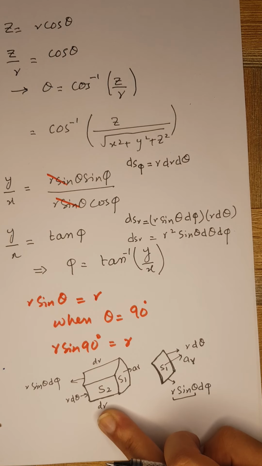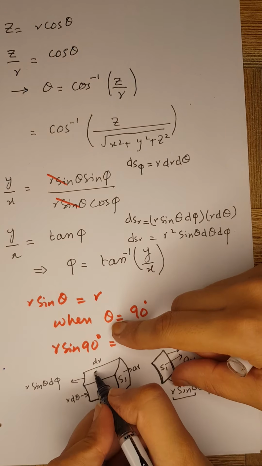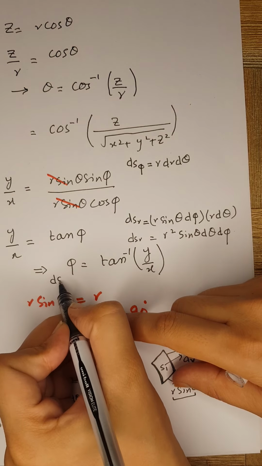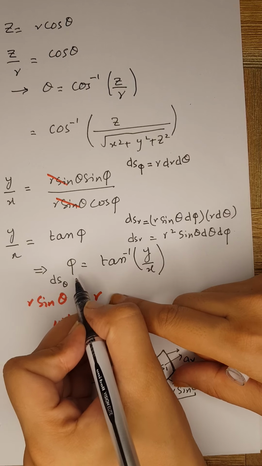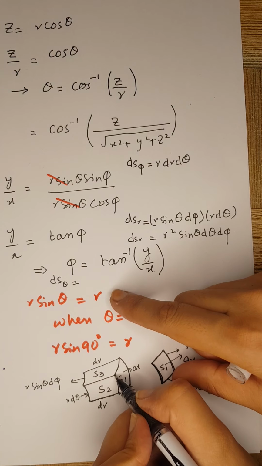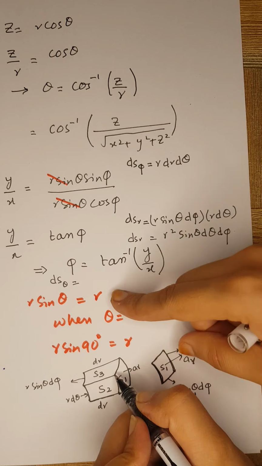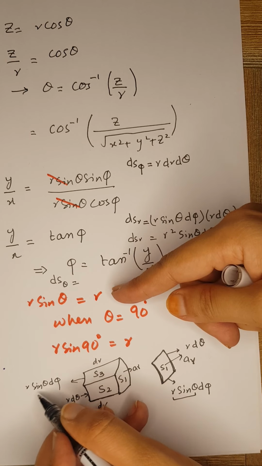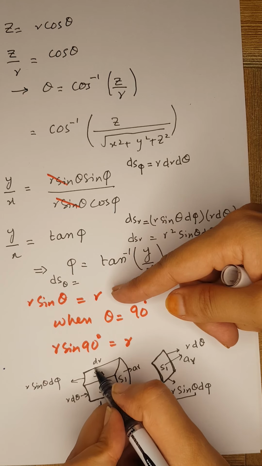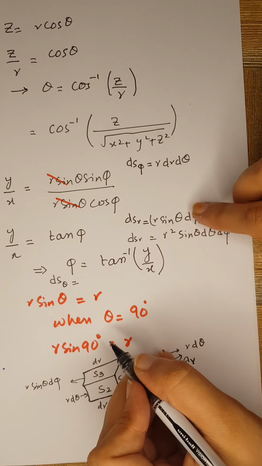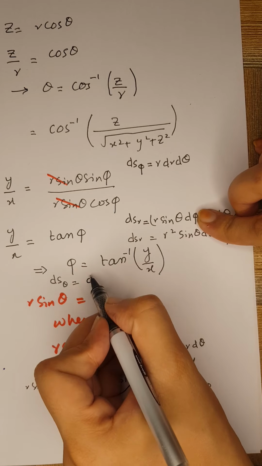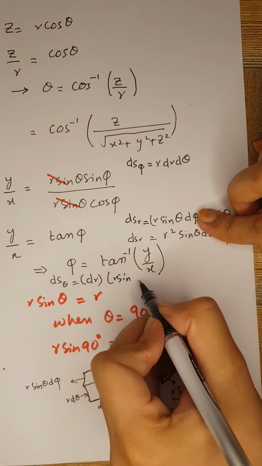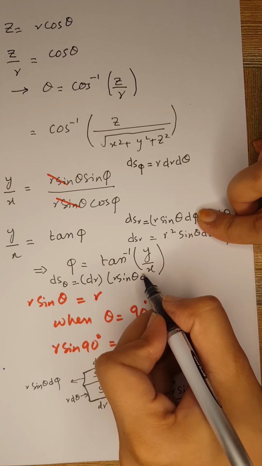And now the last surface that is left, let's mark it by S3. The area of this surface, pointing in the direction of theta, is equal to the product of the length of this arc, which is r sine theta d phi, and dr. So dr is multiplied by r sine theta d phi.